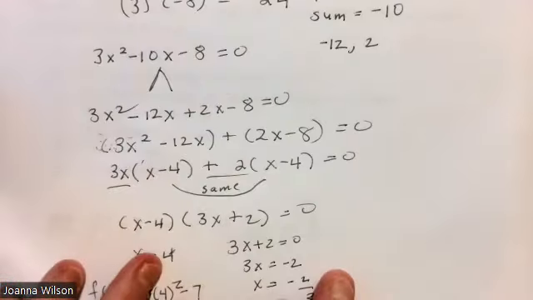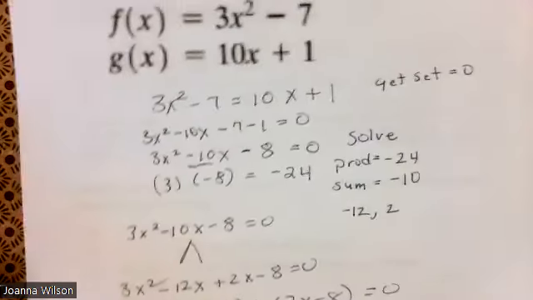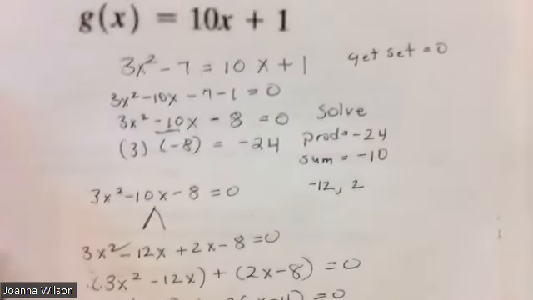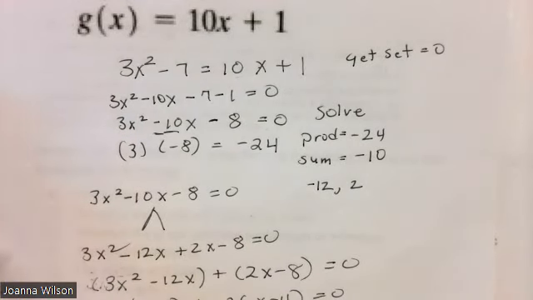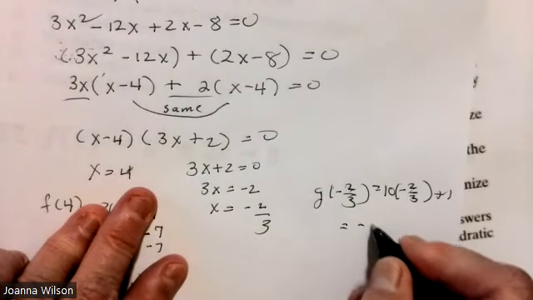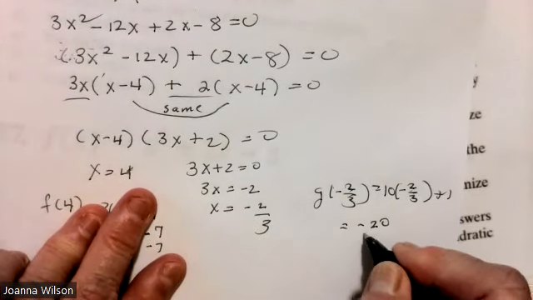Then I have to do the same kind of thing over here with the -2/3. I'll just use the other function. It doesn't matter. So I'm just going to go g of -2/3. And that's going to give me 10 times -2/3 plus 1. Here, I'll do it so you can see what I'm doing. So then that's going to give me a -20/3.